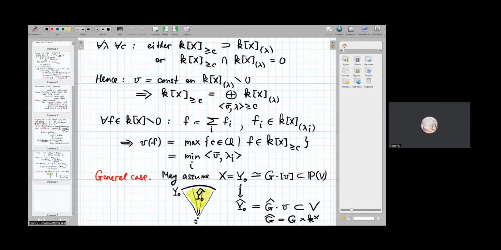Question: is this technique the same as what we used two courses ago? Yes, this is the same technique, but applied to a different problem. Yes, this affinization technique is always the same.